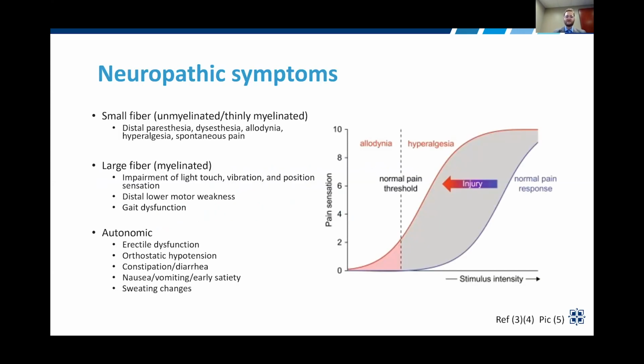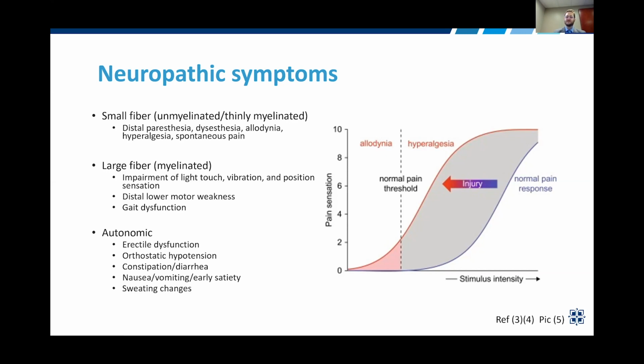So for neuropathic symptoms, there are small fiber symptoms: distal paresthesias, dysesthesias, allodynia, hyperalgesia, and spontaneous pain, which has to do with a shifting of the pain threshold in the normal pain response. For large fibers, you'll get impairment in light touch, vibration, and position sensation, as well as distal lower motor neuron weakness, and gait dysfunction is a major complaint.